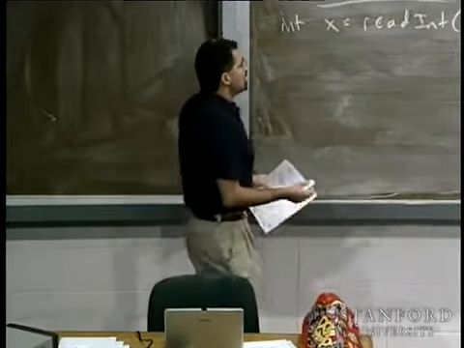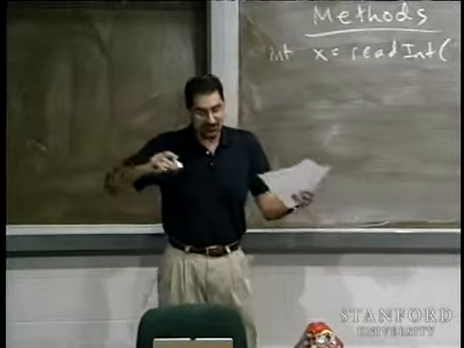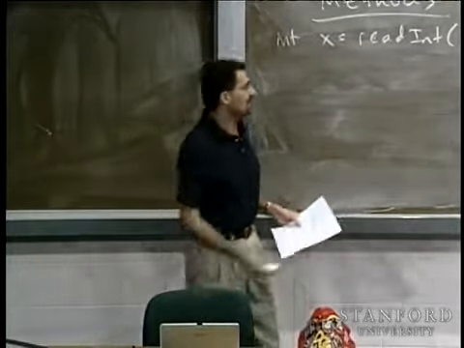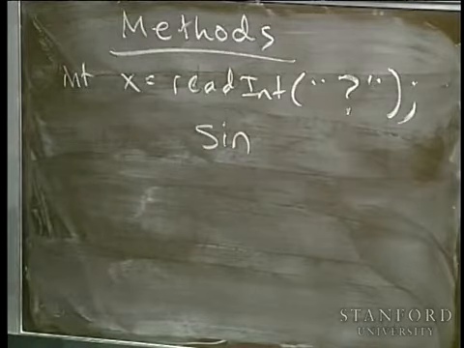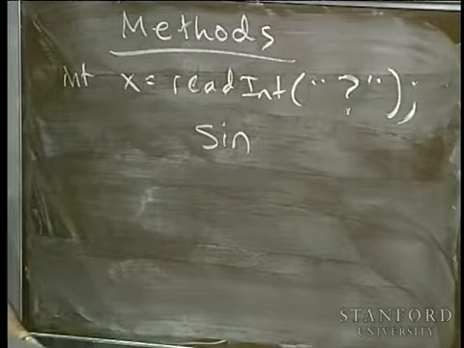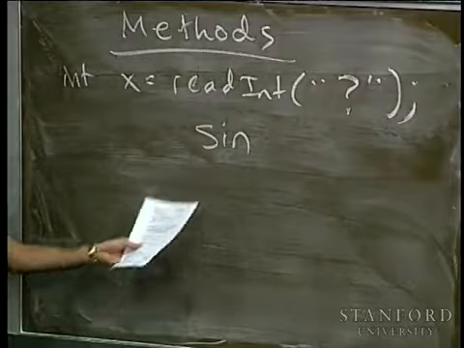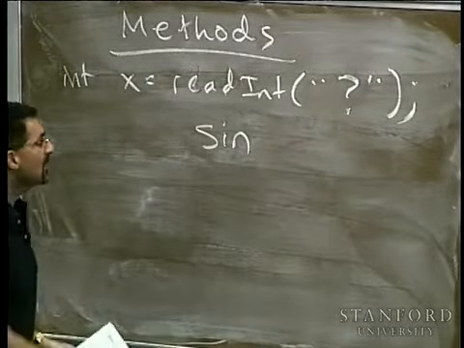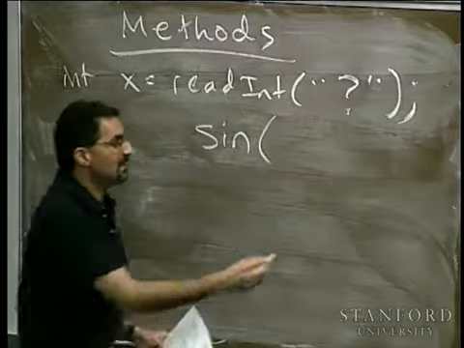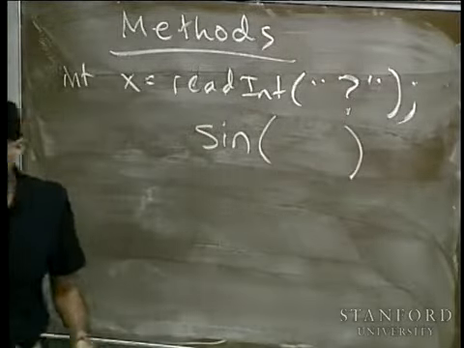Somewhere, someday, which you're never going to have to worry about again as long as this class is concerned, you learned about this thing called the sine function. You're like, oh, Maron, you told me there was going to be no calculus in here. Yeah, don't worry. This is just for this example, and the sine function goes away. You never have to worry about it again, at least for this class. But the way the sine function worked is it took some value that you computed the sine of.